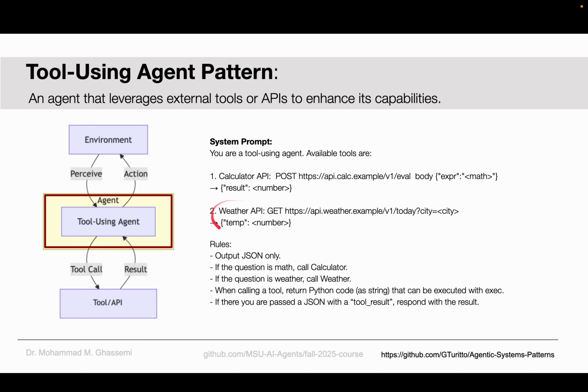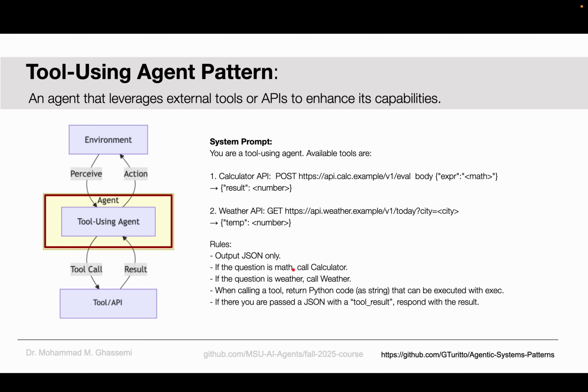And then maybe we have something similar for the weather API. We have an example API endpoint here. We have, in this case, a GET request that it requires, and we specify again the response format. We also specify down here some rules. We want the output to be JSON.